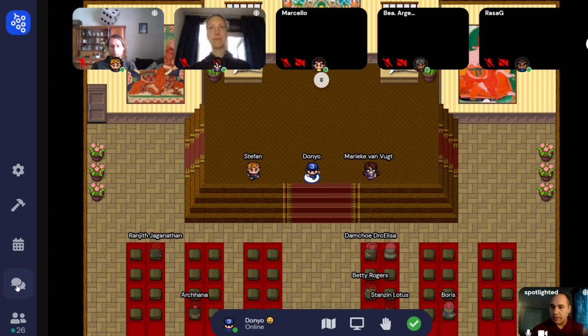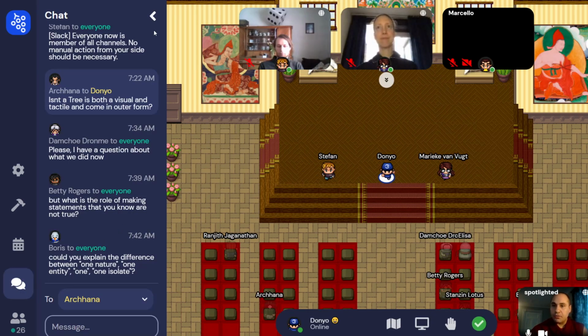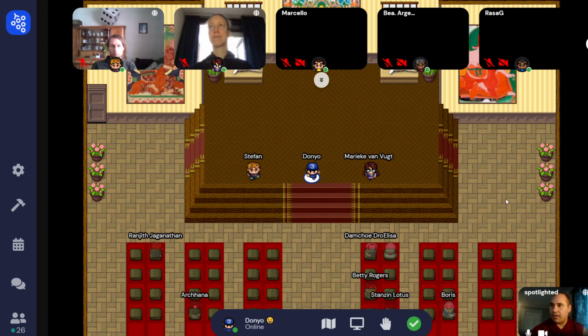Archana sent a question: take the subject a tree. It follows that it is both a visual form and a tangible object source, right? Both a form source, or visible form source, and visible form are equivalent. It follows that it is both a form source and a tactile object source. Why? Well, look at a tree. It's a big, hard, woody thing. You can see it, no doubt, and you can touch it. It's rough, it's coarse, it's got roughness. That's one of the divisions of the tangible objects, right?